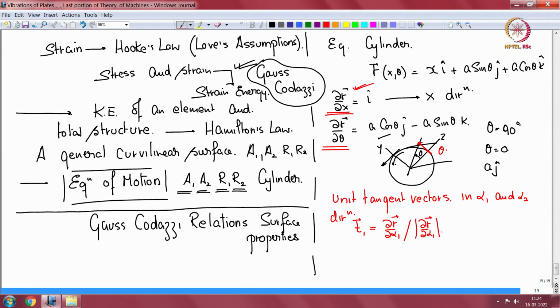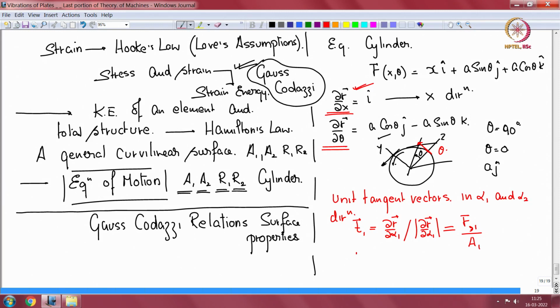So we will use a notation: this is r comma 1, where comma 1 denotes derivative with respect to the alpha 1 coordinate, and the magnitude of this is A1, that we should know by now, okay.